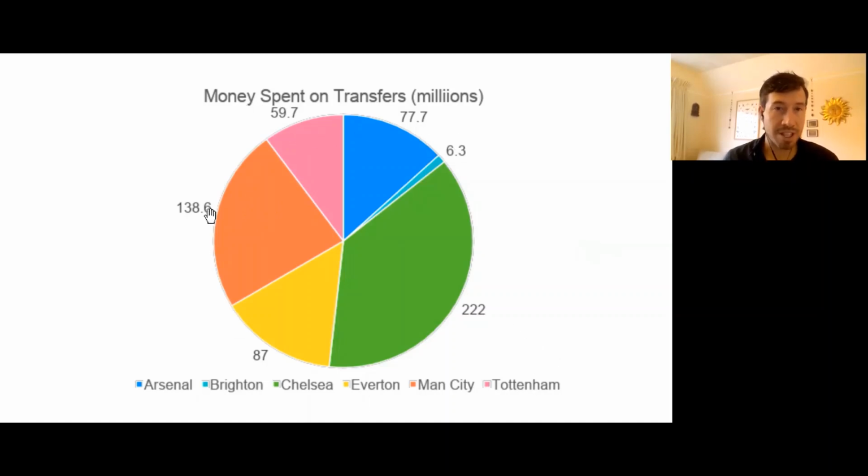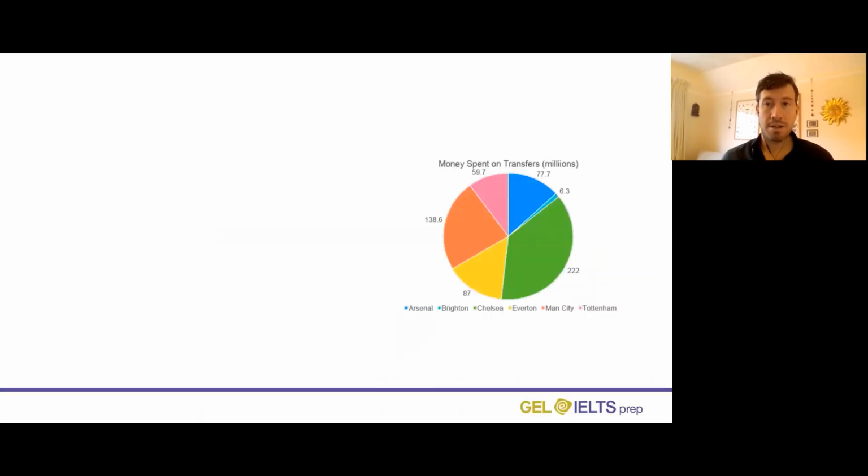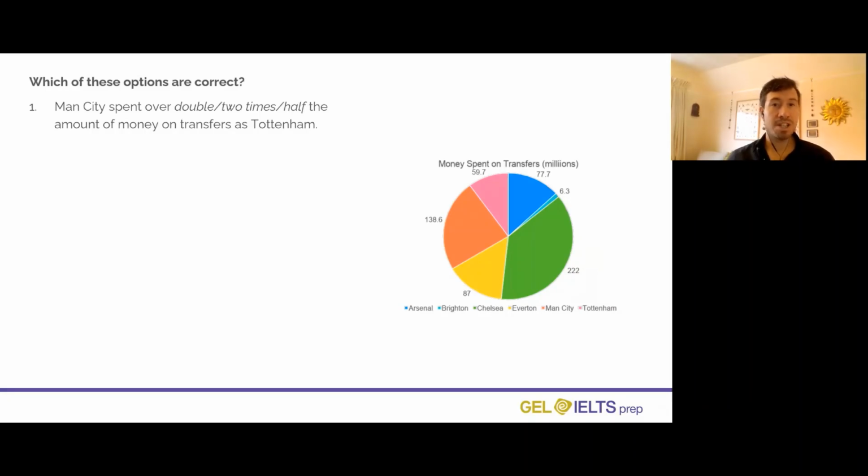And the numbers around the side are how many millions they've spent. So Chelsea have spent 222 million on players. Now, what I'd like you to do is look at the next question below the video and say which of these options is the correct one. So we've got Man City spent over double, 2 times, or half the amount of money on transfers as Tottenham.